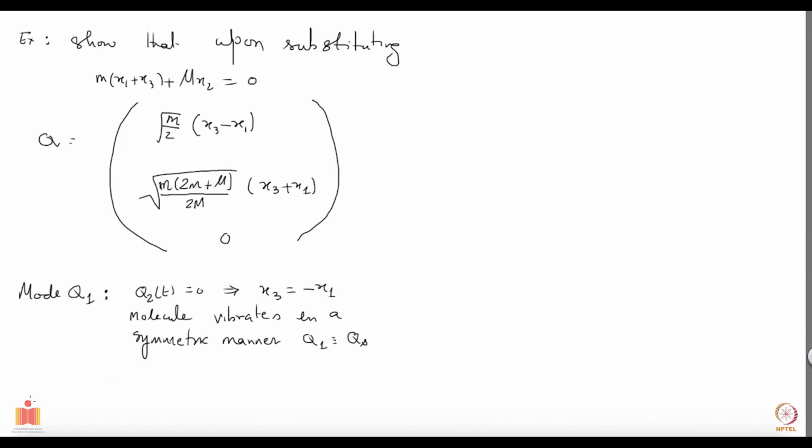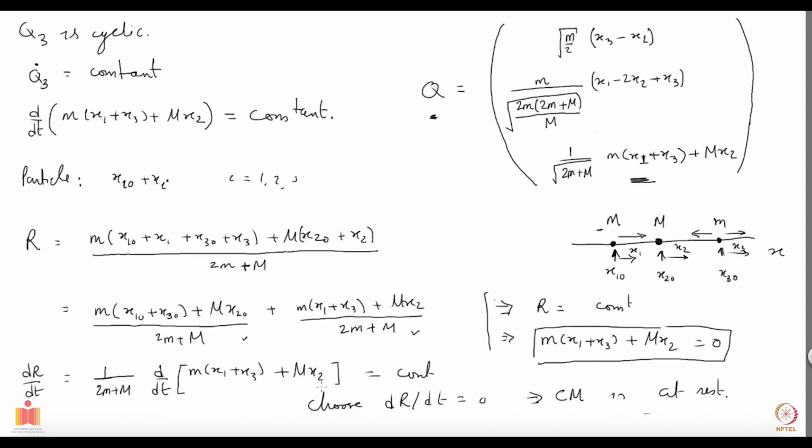Another one would be mode Q2, in which Q2 is oscillating and Q1 is at rest. So Q1 of t is equal to 0 for all times, and that would imply that x3 is equal to x1. Let's go back and see.